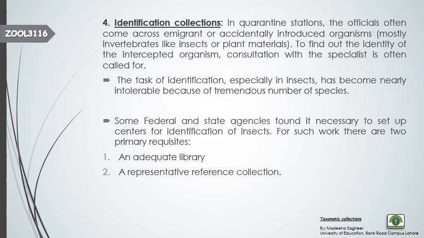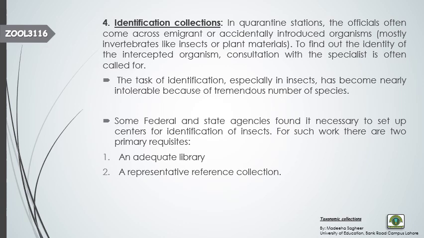Those specimens would be the identification specimens or identification collections. In quarantine stations, the officials come across emigrant or accidentally introduced organisms. Emigrant means a species that is not an inhabitant of that particular area, including most insects and some plants.